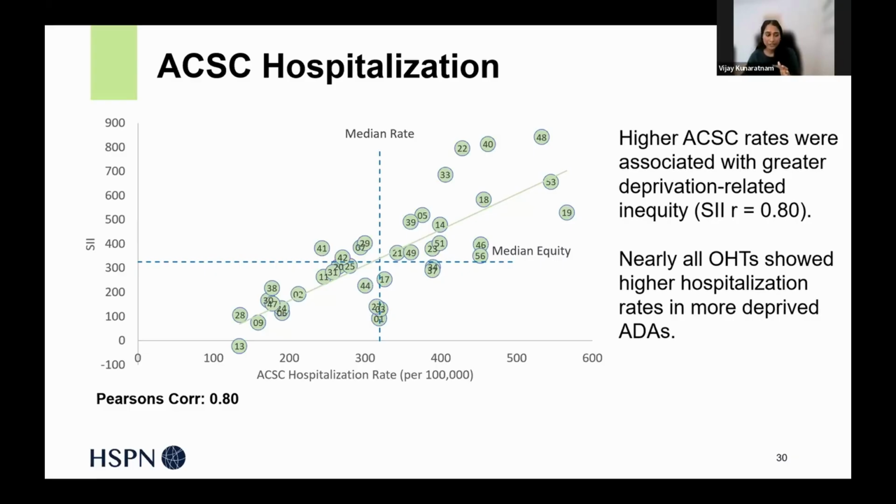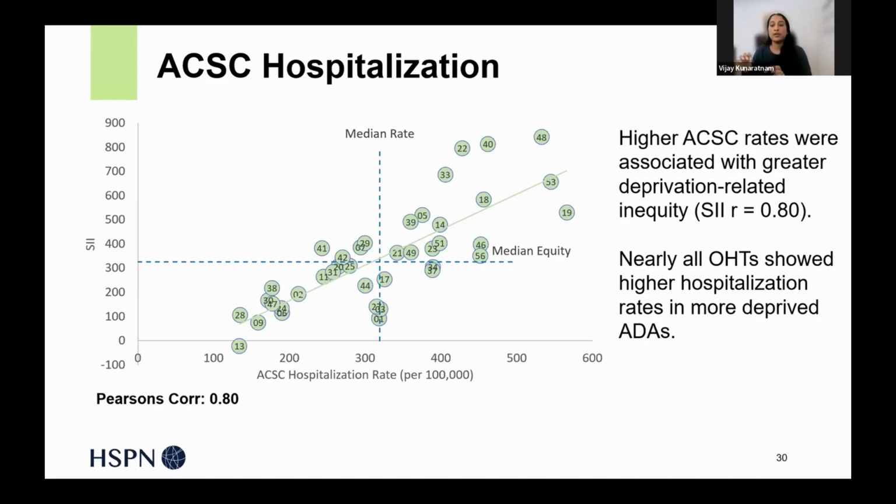The new thing that we're introducing moving forward is on the y-axis, where you're going to see the SII. This tells us how big the gap is between people living in the most and least deprived areas. In other words, how unequal are these ACSC rates within these OHTs?